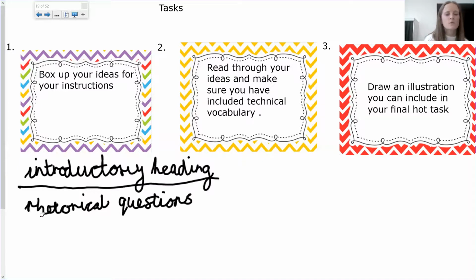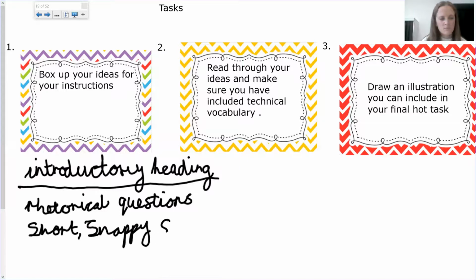Your short, snappy sentences, your technical vocabulary.